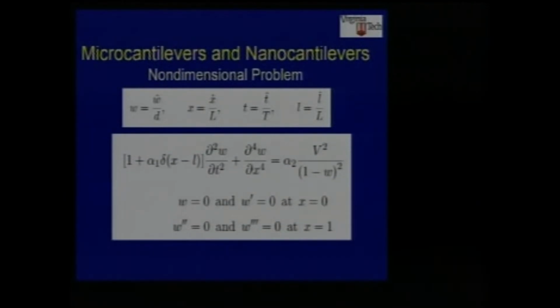We make it non-dimensional as usual. And then this is now the non-dimensionalized problem. The first thing is we want to determine the static. We throw away the dynamic ones. And here, essentially, I have a mass. OK, I didn't mention that.